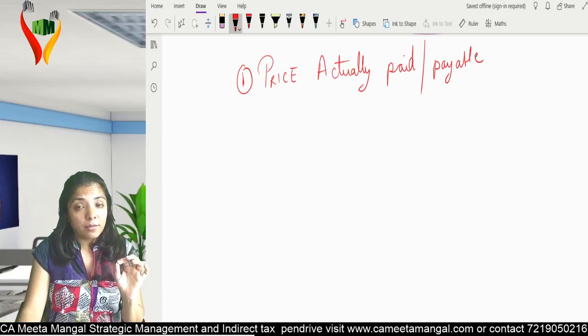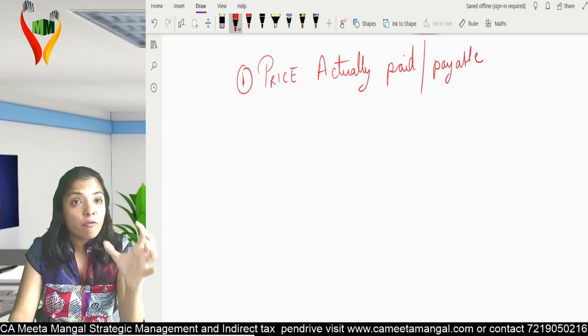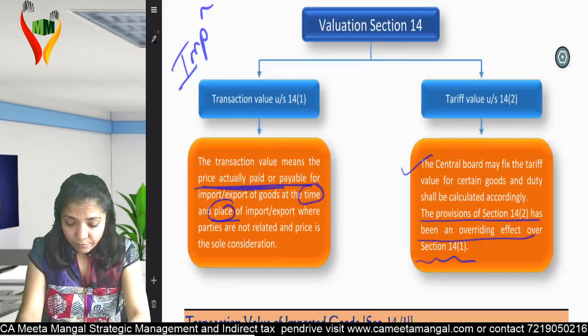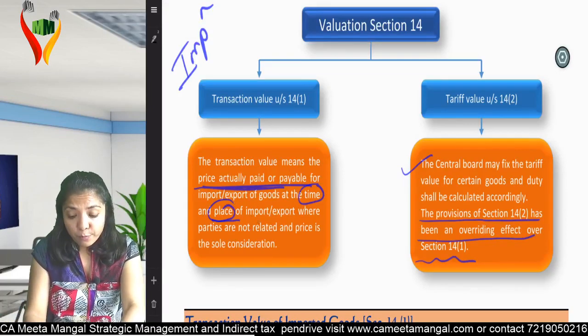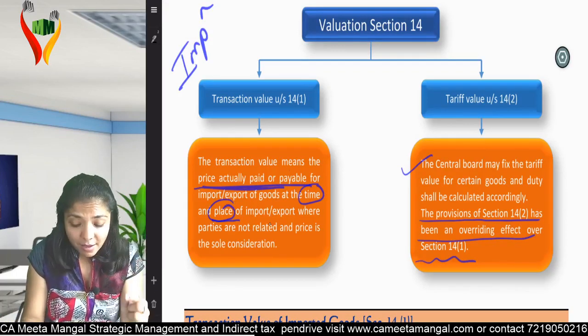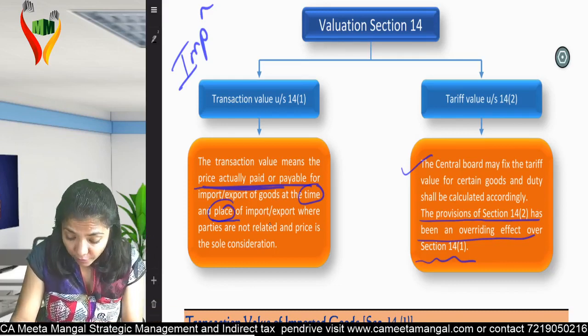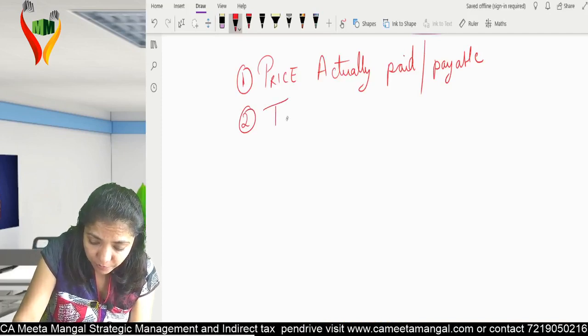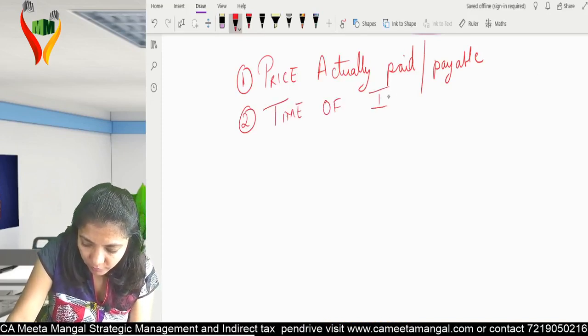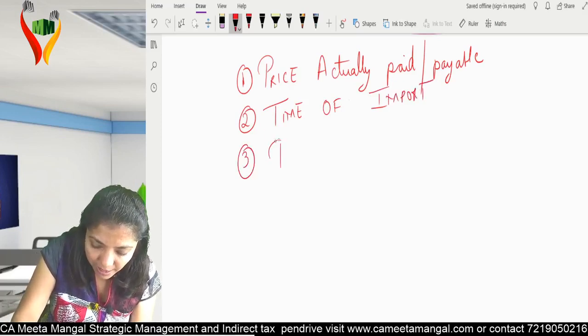Now the question comes, at what time do you take the price actually paid or payable for import or export of goods? At the time and place of import. At the time of import as well as place of import.